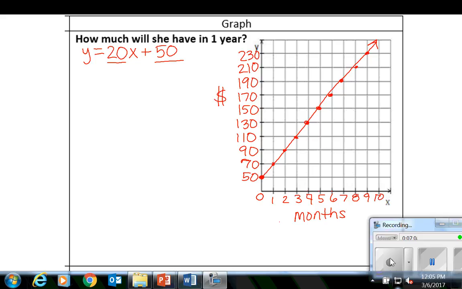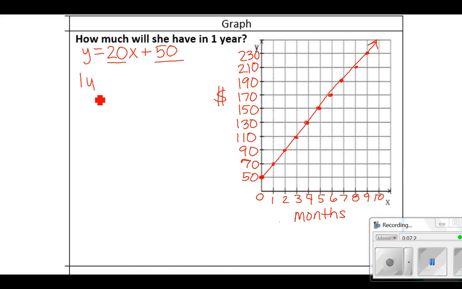We're going to use y equals mx plus b, and in our case, it's y equals 20x plus 50. Well, 1 year is not going along with what we have on the table. The table has months. So we need to know that 1 year equals 12 months. And months is which value, the x or the y?